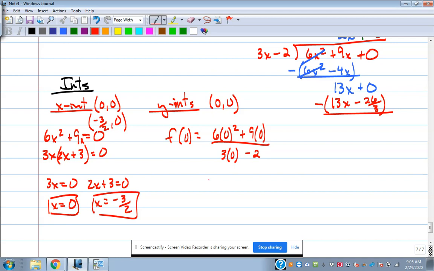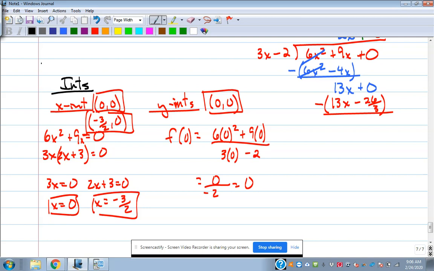Plug a 0 in for x. That gets us 0 over -2, which is 0. So we have our x-intercepts, (0, 0) and (-3/2, 0), and (0, 0) also ends up being a y-intercept. So we found our intercepts.